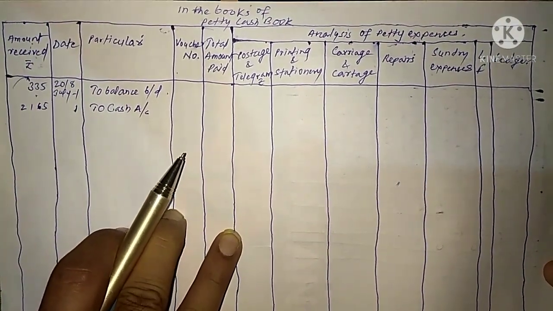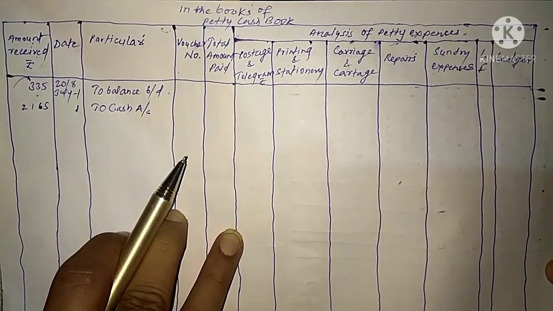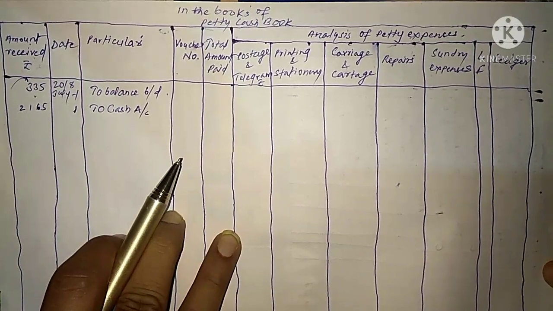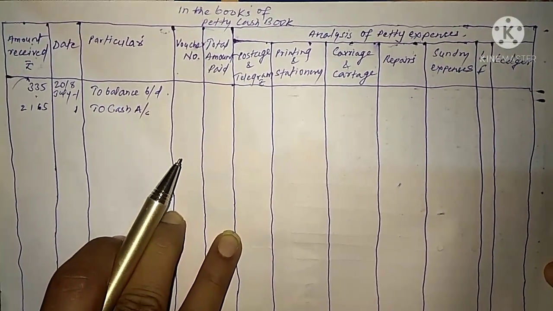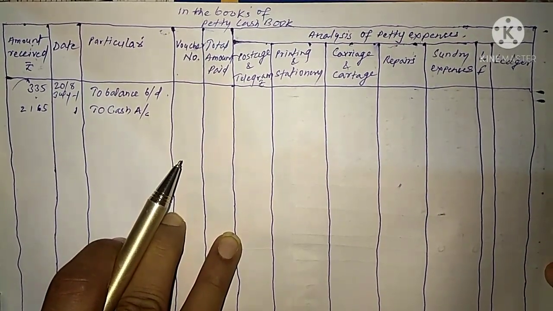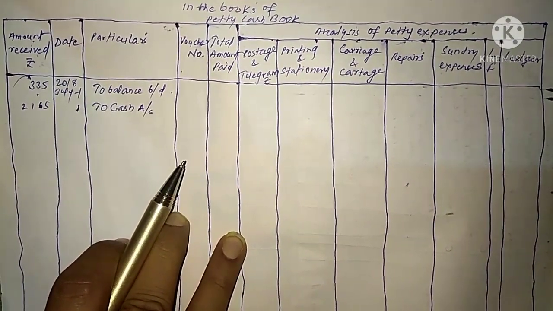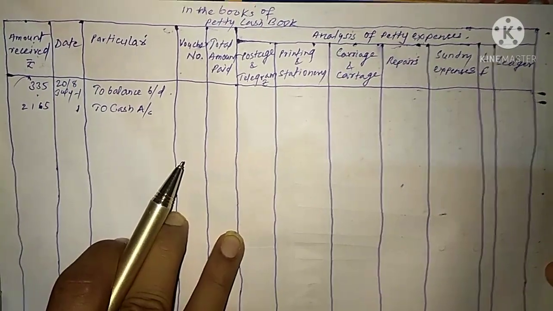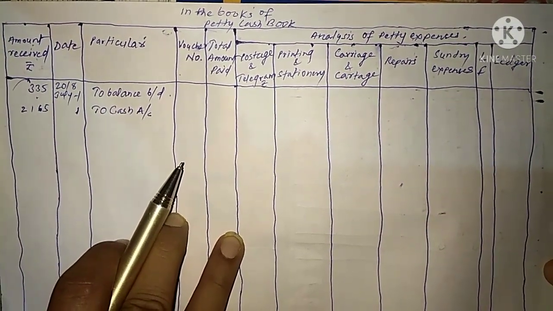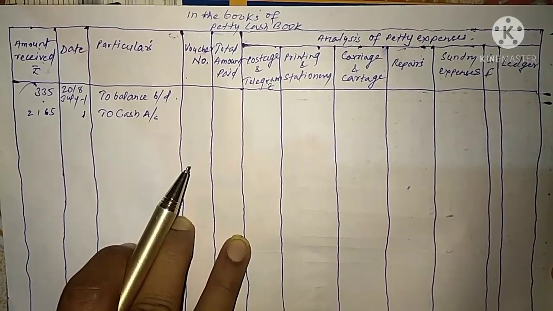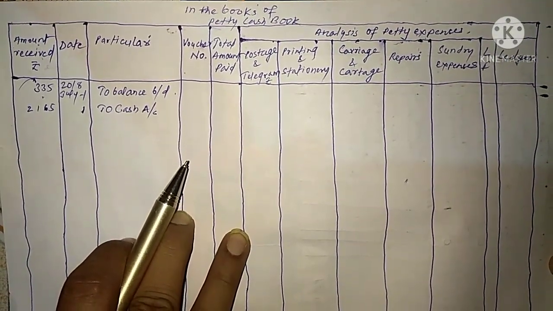And then after that there is a gave gift to clerk Omkar. So gift is there, no evidential voucher for that, no bill is for that. So this is the sundry expenses, and therefore we have to put the effect.